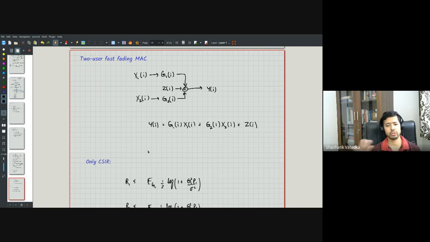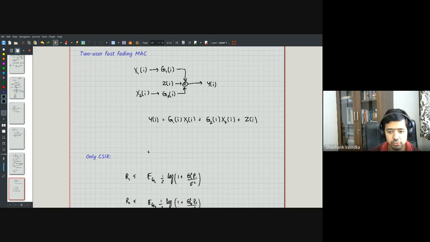But unlike the point-to-point case, for the multiple access channel and the broadcast channel, we did not get closed form expressions. The expressions were in terms of auxiliary random variables, but since we have Gaussian channels, many of these auxiliary random variables can just be thrown under the rug.